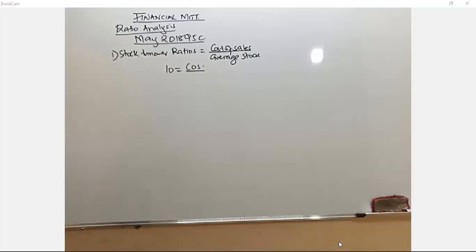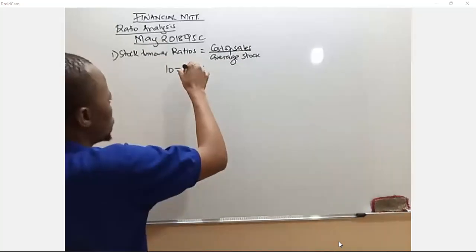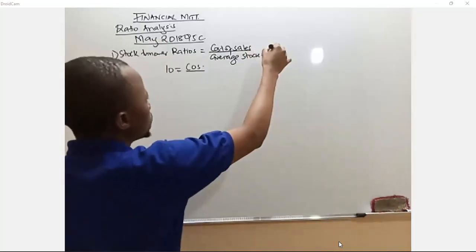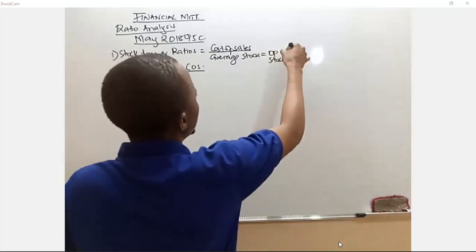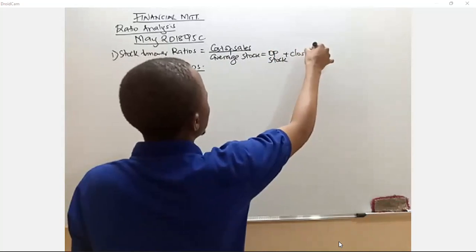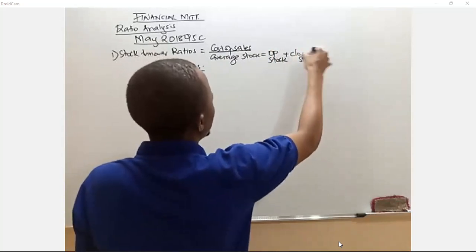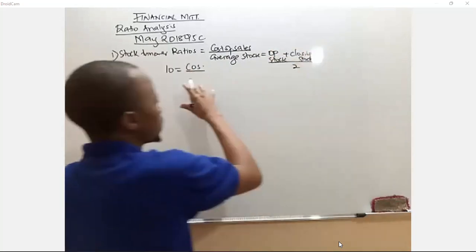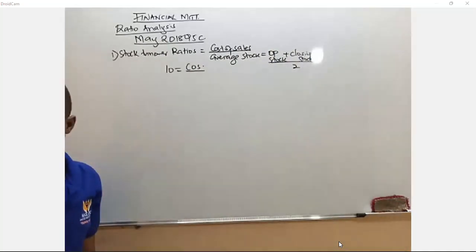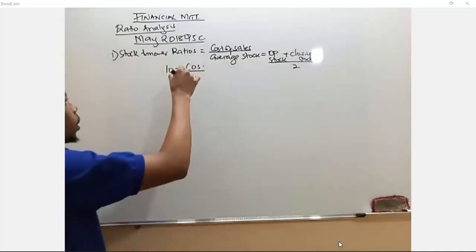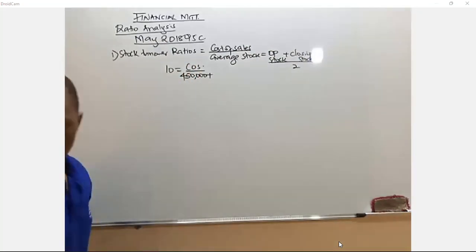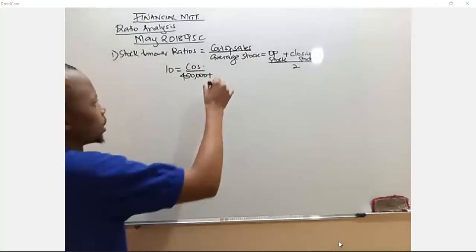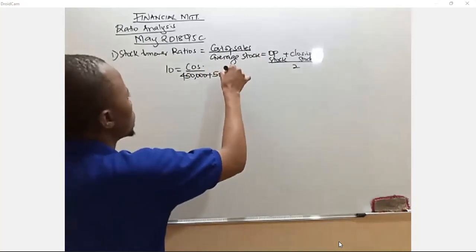By taking your opening stock plus closing stock, and dividing by 2. So my opening stock is 450,000, and my closing stock is 510,000.